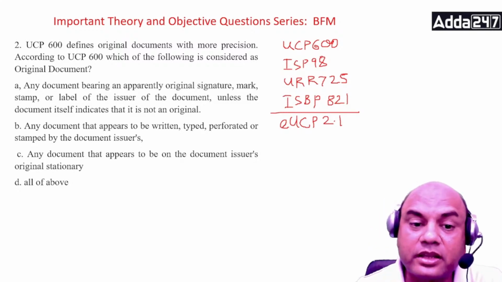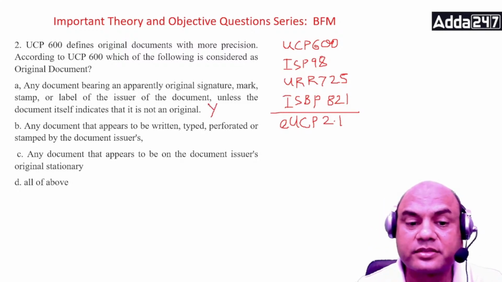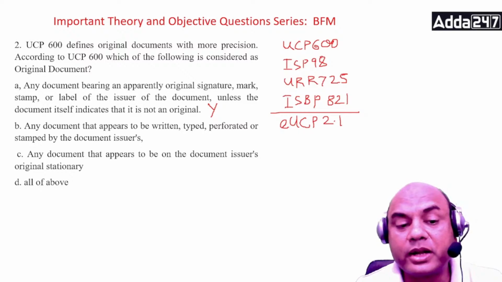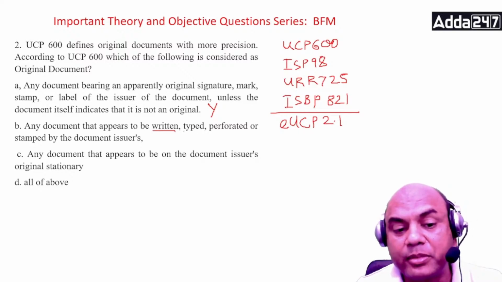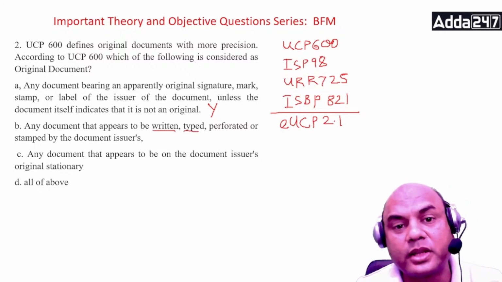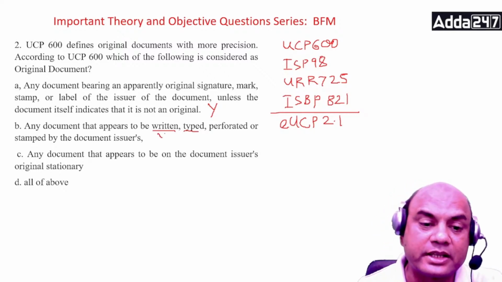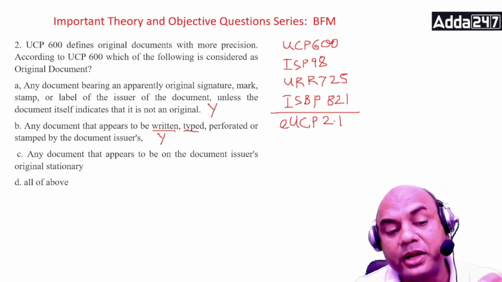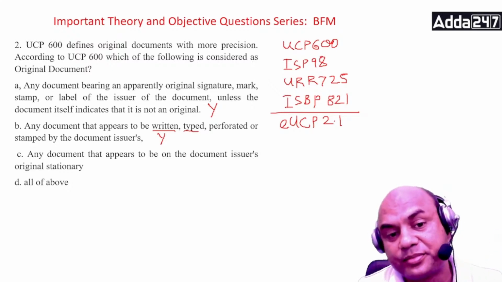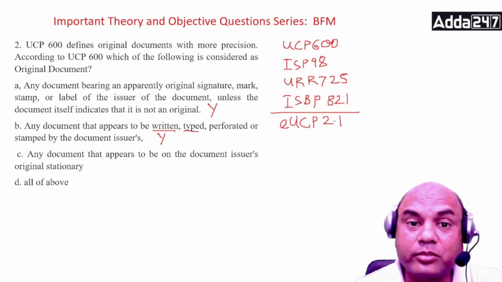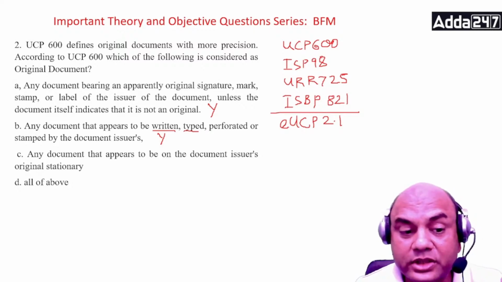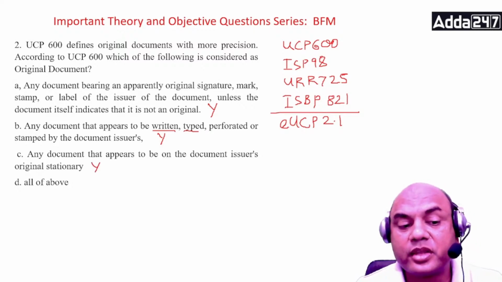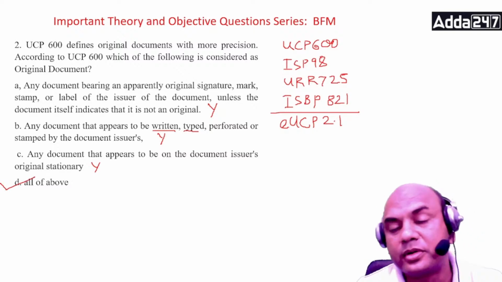Yes, it is original. Any document that is written or typed by me, it is original. Any document that appears to be on the issuer's original stationery. Suppose something is on my original letterhead, then also it's considered as original. So the answer is D, all of the above.